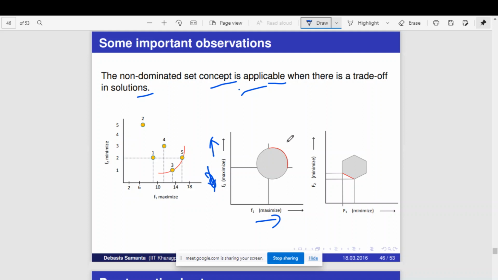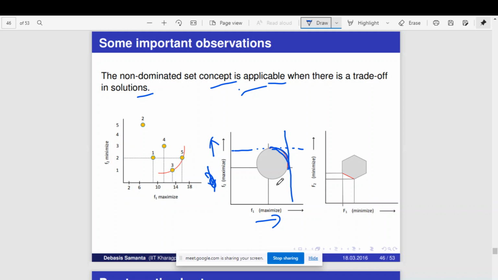Maximizing F1 means the best point for F1 you will get here. Maximizing F2 means the best point for F2 you will get here. The curve connecting these two points is nothing but the Pareto optimal front.